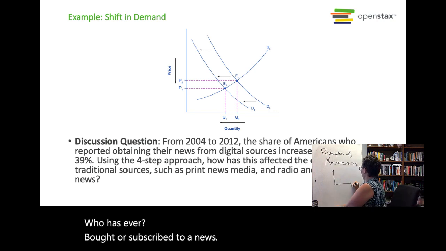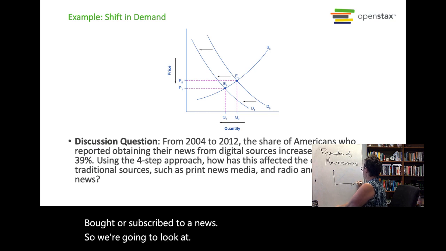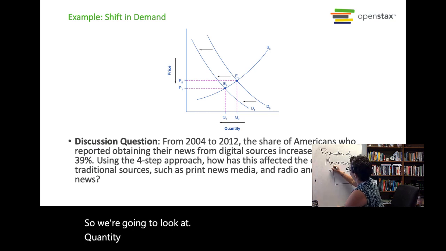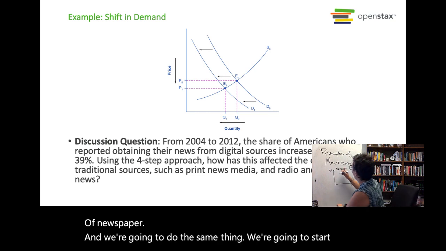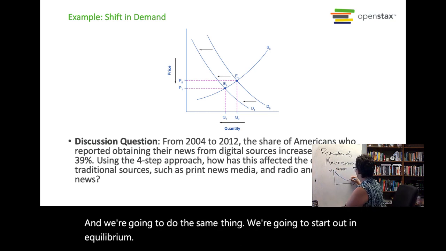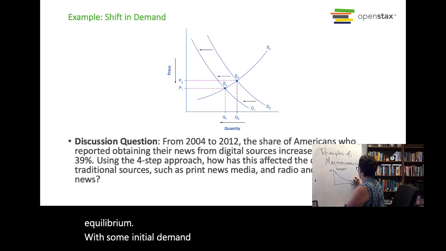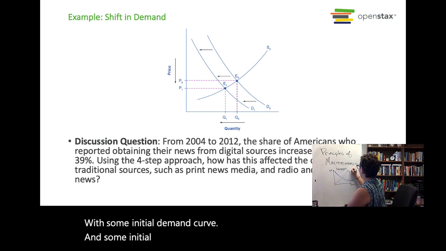So we're going to look at quantity and price of newspapers. And we're going to do the same thing. We're going to start out in equilibrium with some initial demand curve and some initial supply curve.